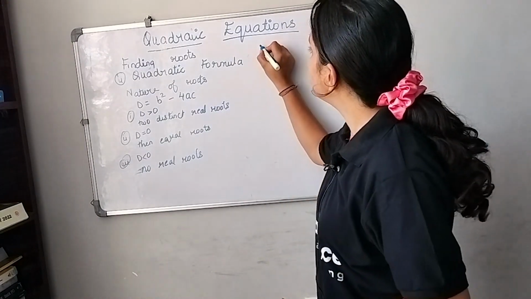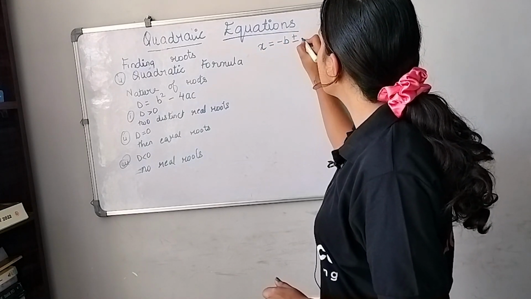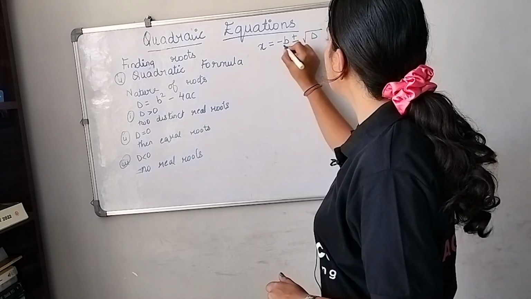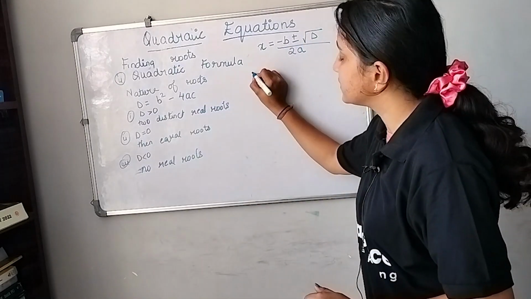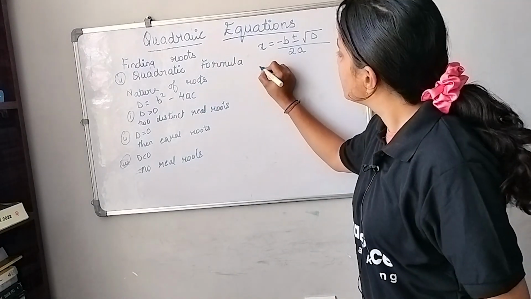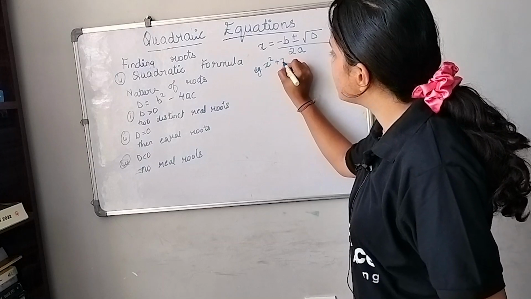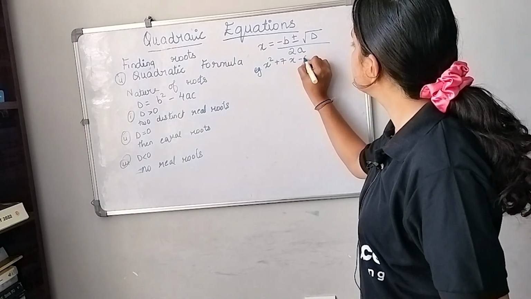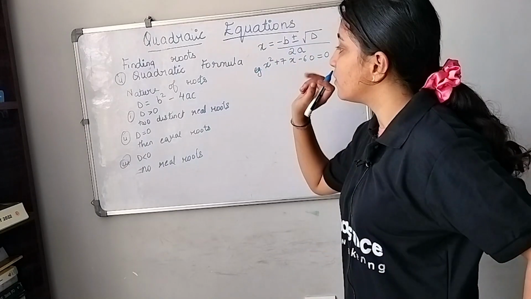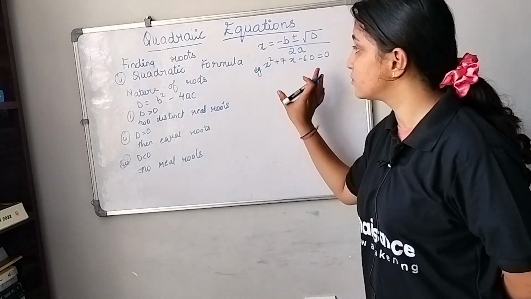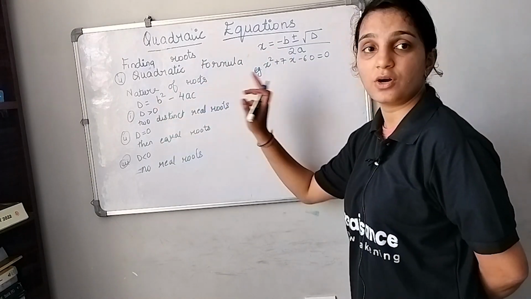The quadratic formula is given by x equal to minus b plus or minus root of D upon 2a. Okay, we'll take one example here, that is x square plus 7x minus 60 equal to 0. The first step to carry on with the quadratic formula is always finding the nature of roots.